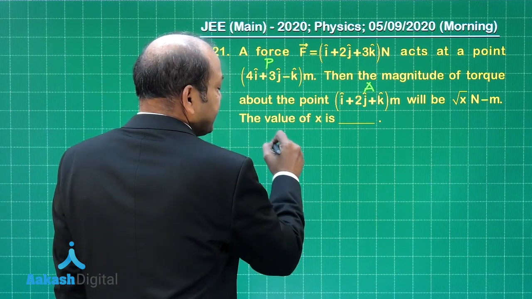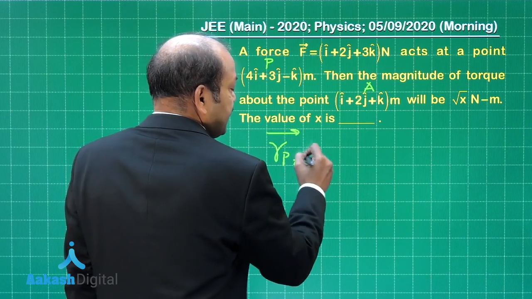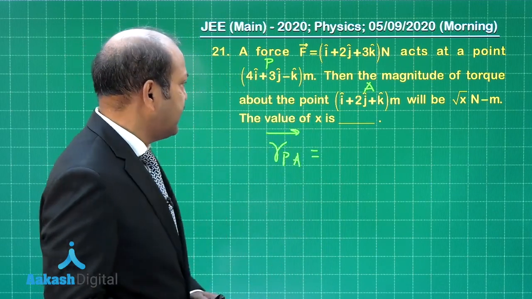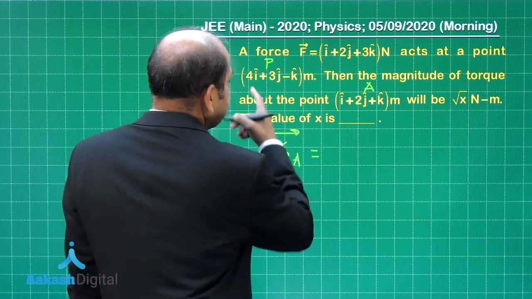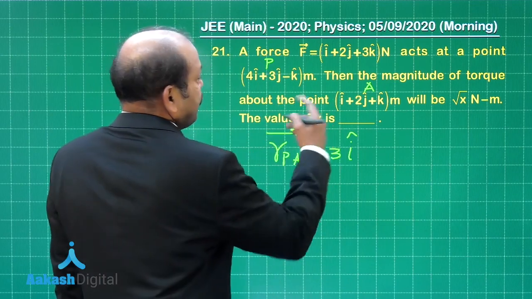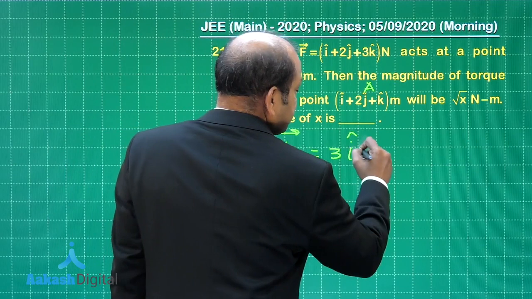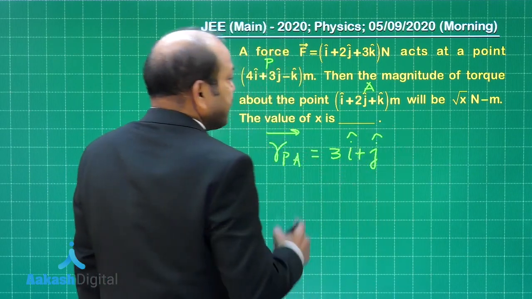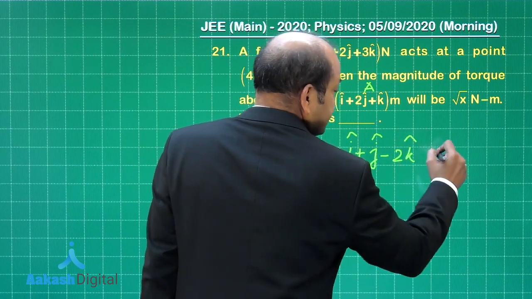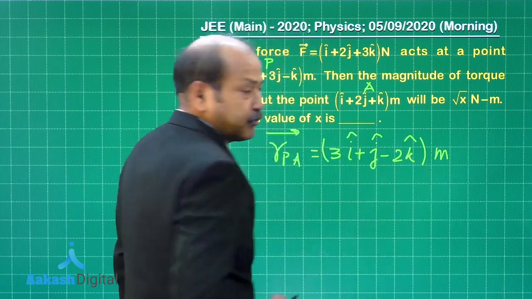Here we are interested in position vector, that means R of P with respect to A, and this is given as position vector of P minus position vector of A. In this case, that simplifies to 3 i cap, because 4 minus 1 is 3, then 3 j cap minus 2 j cap, that means plus j cap, and minus k cap minus 2 k cap meter. That is the position vector of P with respect to A.